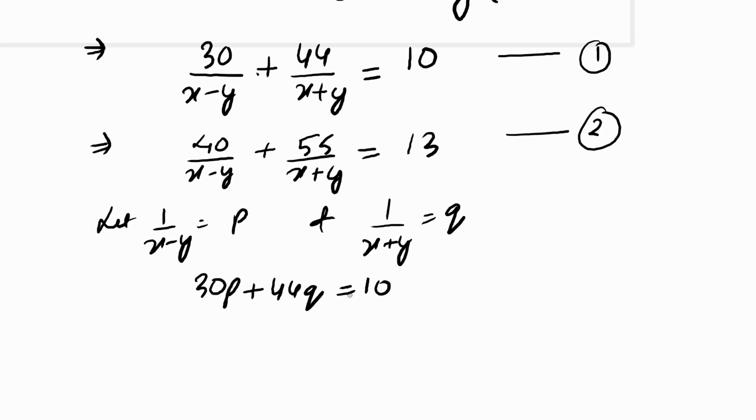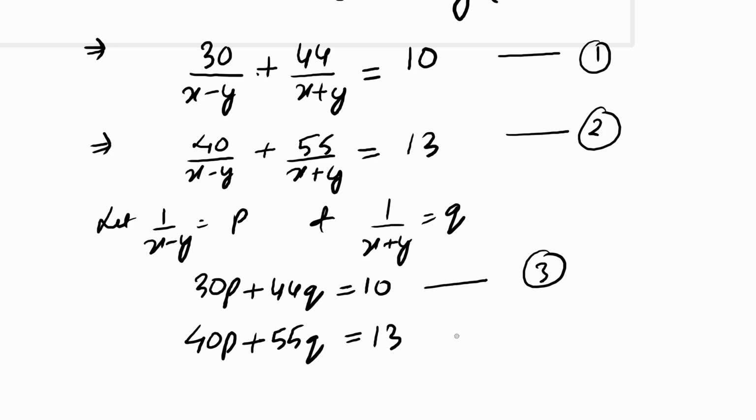Okay? We can further simplify this. Should we simplify this further? We divide this by 2. Okay, let's see. This will become equation 3 and equation 4 will become 40p plus 55q is equal to 13. Now these are linear equations in two variables, but the variables here are p and q.